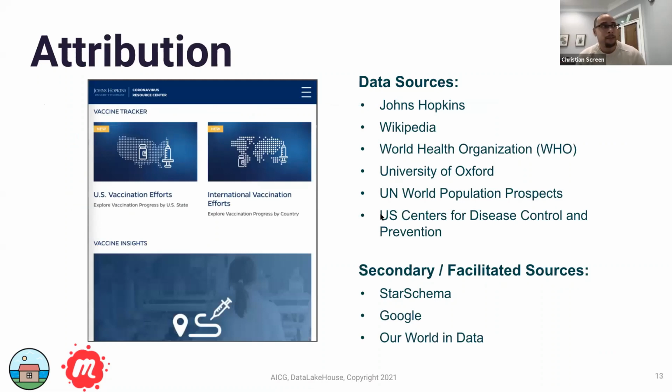So, just as I talked about, let's take a minute here and really look at some of the sources. Some of the sources we're going to talk about in the rest of the slides come from all these places, right? Johns Hopkins, Wikipedia, WHO, University of Oxford, the UN, and of course CDC. That's a lot of different sources, and they're all reporting on the same key metrics. And one of the questions is, where do you say, hey, yes, that is accurate?